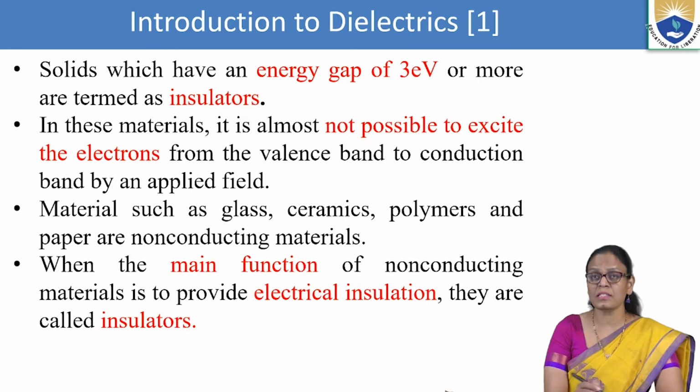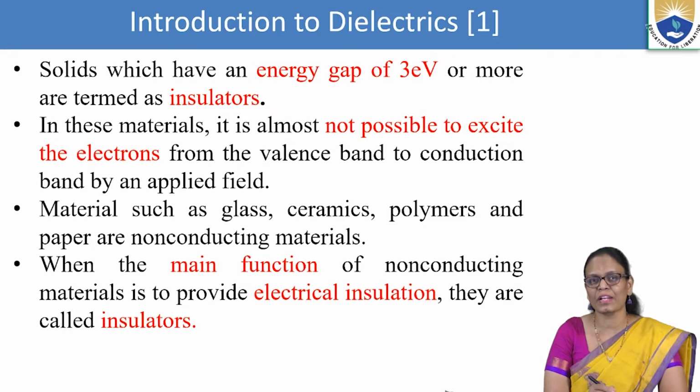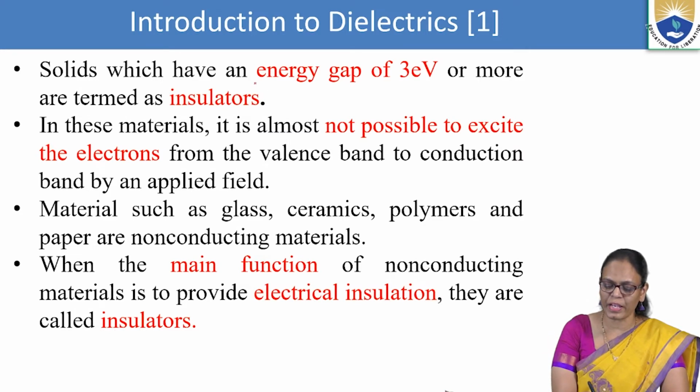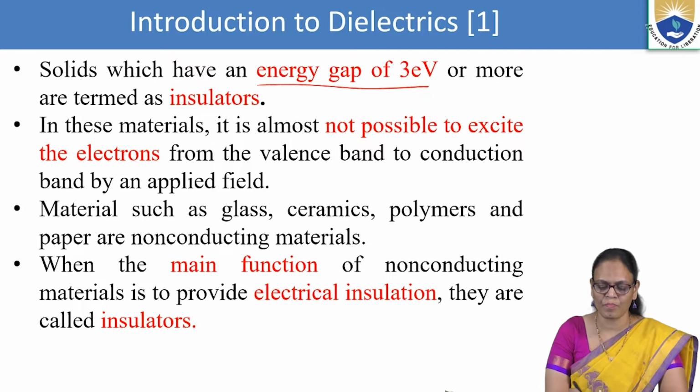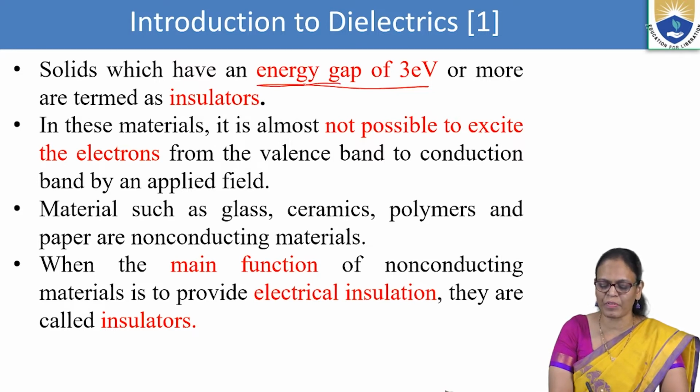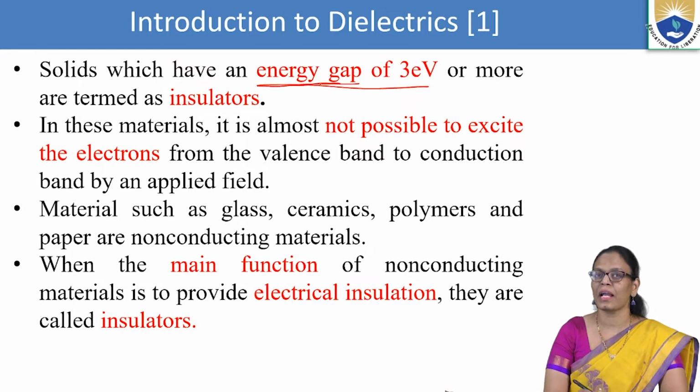Now, these materials which behave like dielectrics have an energy gap of 3 electron volt or more, and we call them insulators. So what is an energy gap? We will try to understand the energy gap.